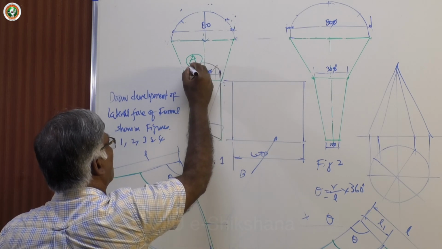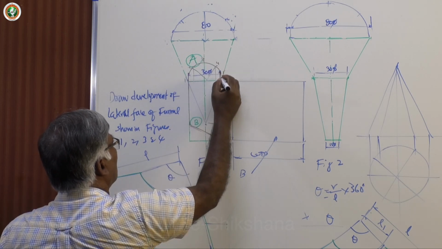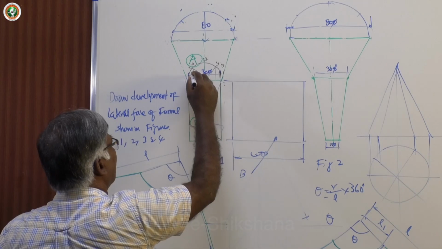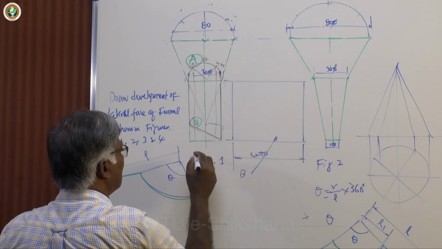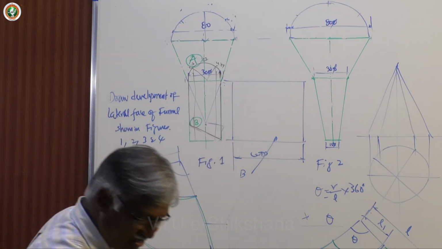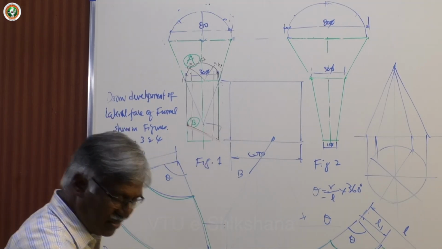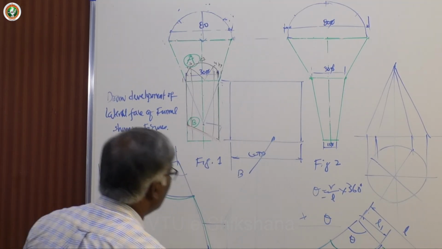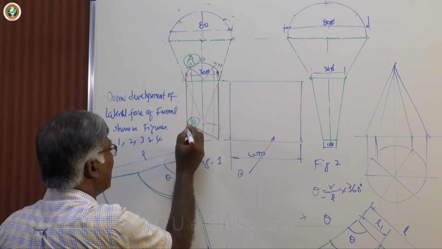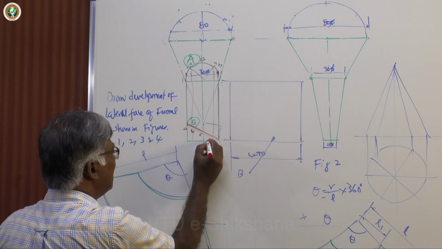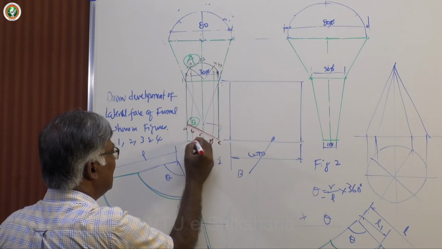This is 1, 2, 3, 4, 5, 6, 7, 8. Then draw lines. So wherever this imaginary section plane intersects, you identify the points. Mark this as A, B, C, D, E, F, G, H.